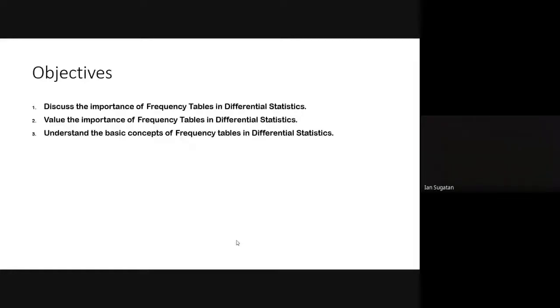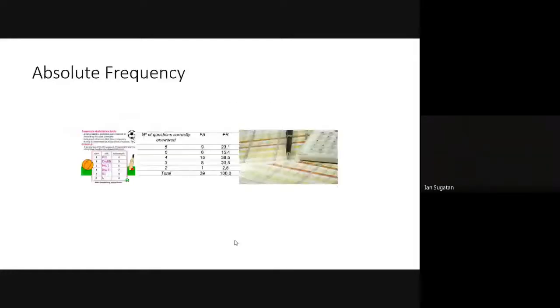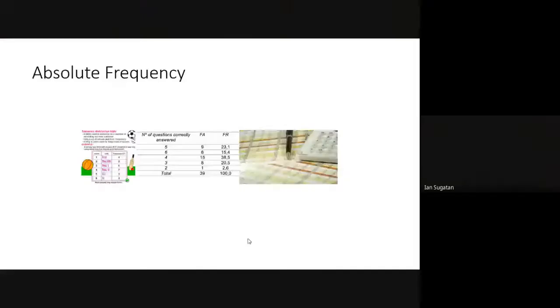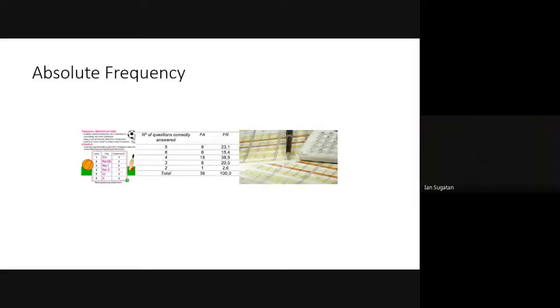So the first one is absolute frequency. When you speak about absolute frequency, this refers to a simple count of the number of cases, items, or things. So an absolute frequency distribution displays those counts, usually in a table. In your module, you can see the distribution of tables of frequency is a table of statistical data with its corresponding frequencies.